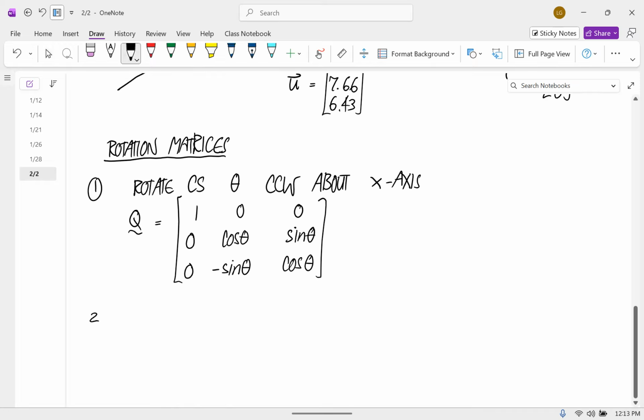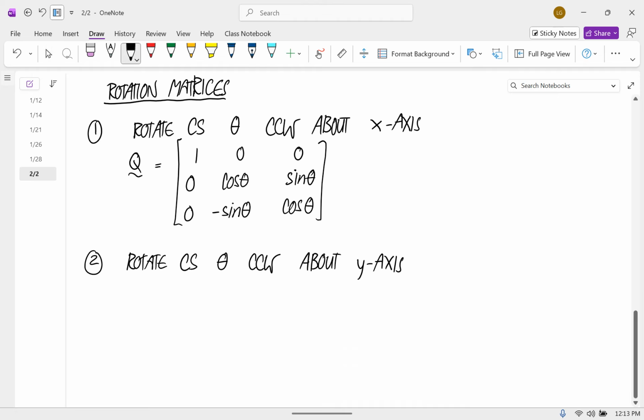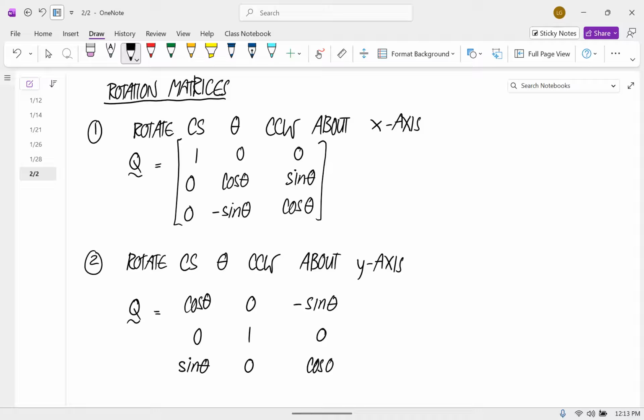Second, if you want to rotate the coordinate system an angle theta counterclockwise about the y-axis, then the rotation matrix is cosine theta, 0, negative sine theta, 0, 1, 0, sine theta, 0, cosine theta.